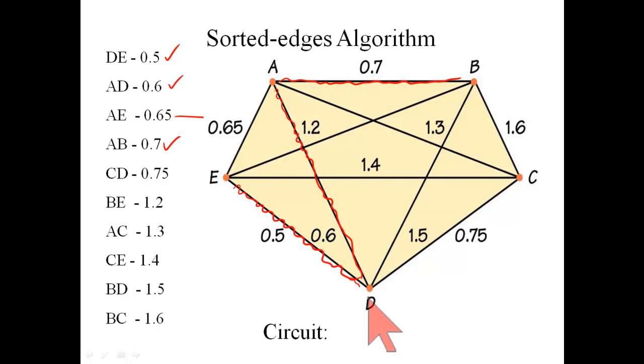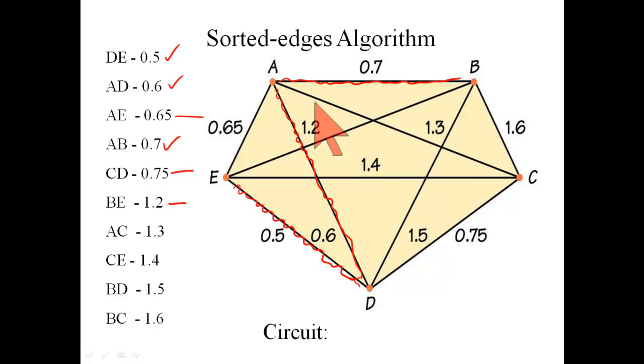No, there are already 2 edges coming into vertex D. Can't put that one in. BE? That would be here. Looks good at first, but if you think about it, that would make a circuit going A, B, E, D, and back to A. That's not a Hamiltonian circuit. It wouldn't visit vertex C, so no, we can't use that edge.